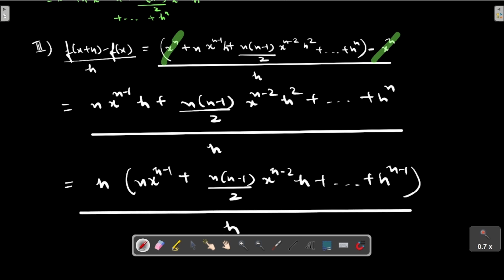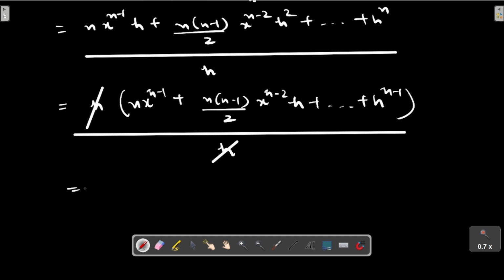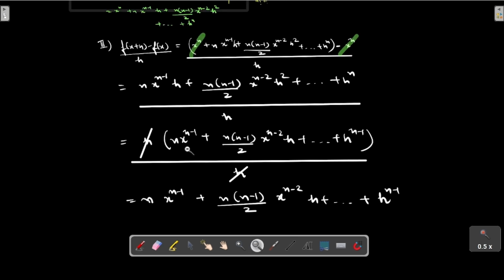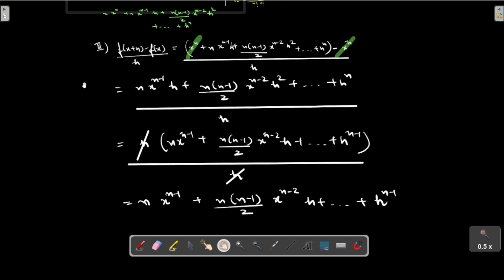And then you have h in the denominator. So this h and this h is gone. Now what you have? n x to the power of n minus 1 plus n into n minus 1 over 2 x to the power of n minus 2 h, so on, plus h to the power of n minus 1. Now the third part is sorted, right? We have got the inner part.